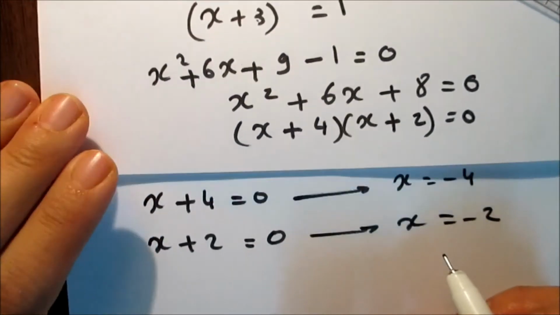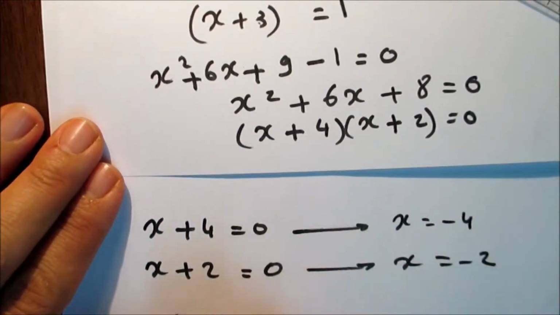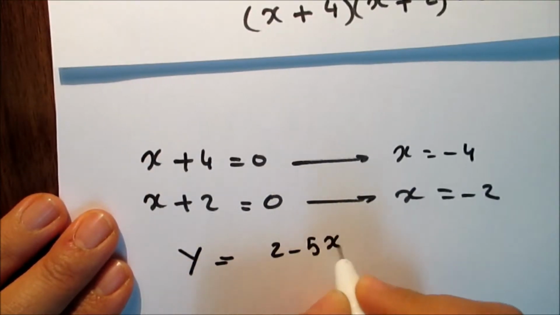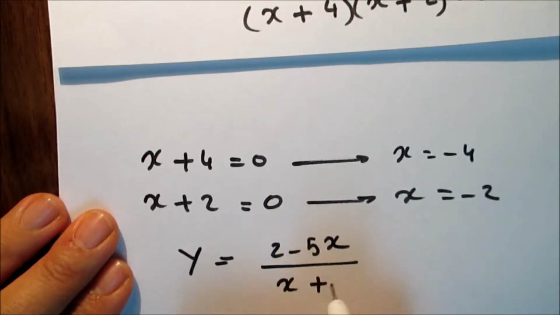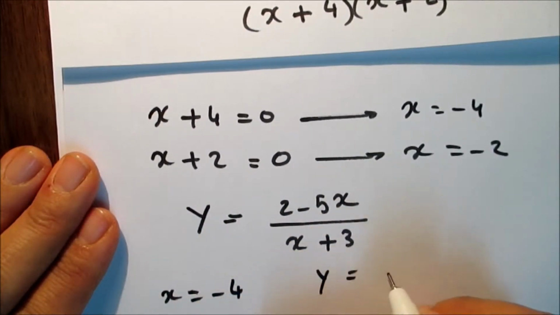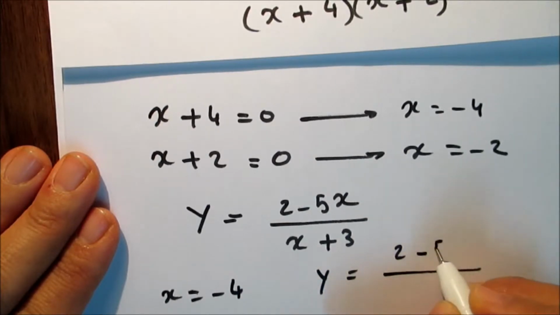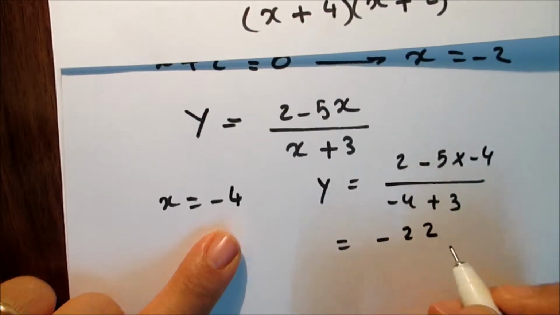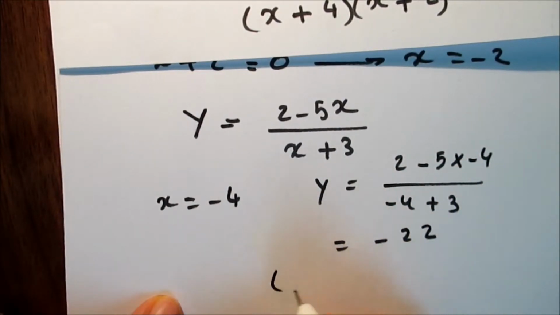Use the original equation to find the corresponding y values. The original equation is y equals (2 minus 5x) over (x plus 3). At x equals negative 4, y is (2 minus 5 times negative 4) over (negative 4 plus 3). This is equal to negative 22. So the first point is (negative 4, negative 22).